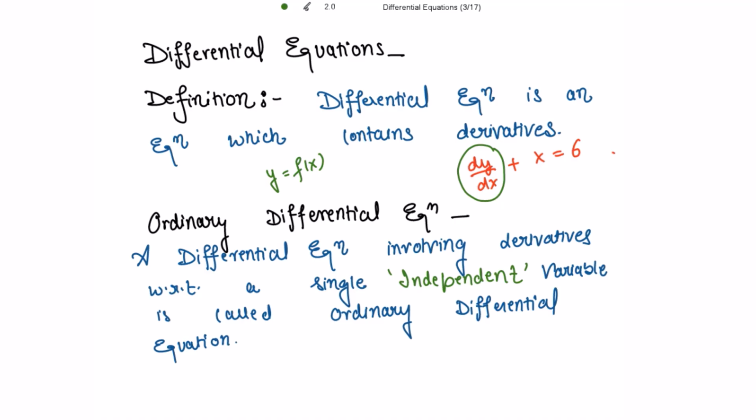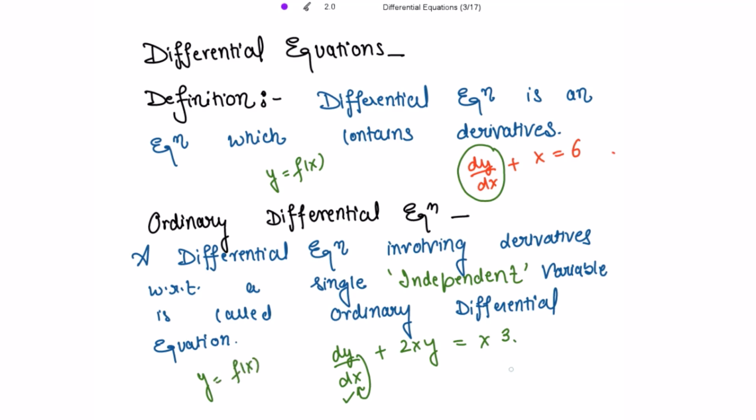A differential equation involving derivatives with respect to a single independent variable is called an ordinary differential equation. For example, dy by dx plus 2xy equals x cubed. This is an ordinary differential equation involving derivatives with respect to the single variable x, where y is a function of x.